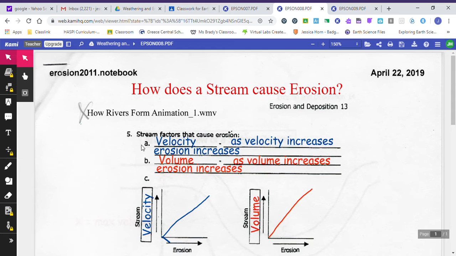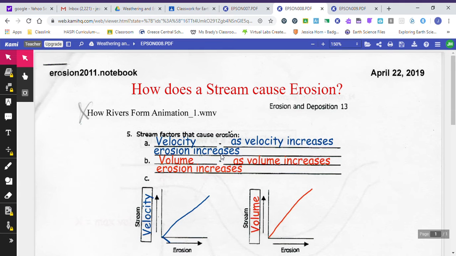The first factor is velocity. If the river or the stream is moving very quickly, then erosion will happen faster. A fast-moving stream is going to move sediments out of that stream a lot faster than a slow trickling stream.